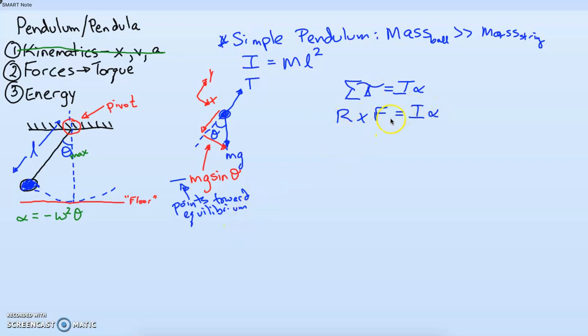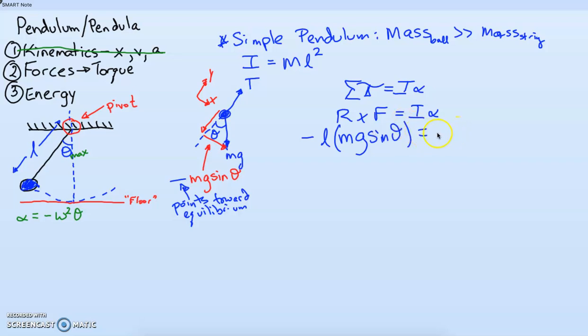Let's fill in our details here. So r turns into the length of the string, and it's already perpendicular, so L points up and to the right, and mg sine theta points down and to the right, and they're going to be perpendicular. So we don't need that cross anymore. We've taken care of that. And there's a minus sign from the mg sine theta, and then we'll have mg sine theta here.